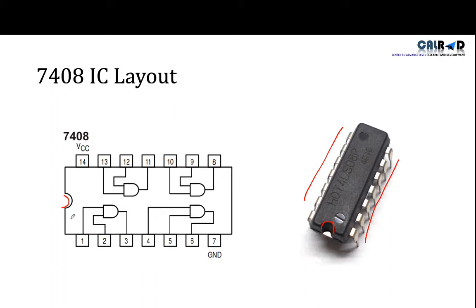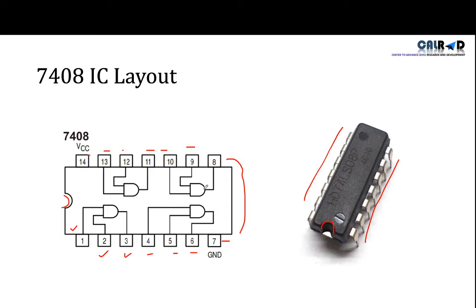From the left side of this, we start with pin 1, 2, 3, 4, 5, 6, 7, and from the same direction we go to the other side, 8, 9, 10, 11, 12, 13 and 14. So this is how the pins are numbered on this IC.